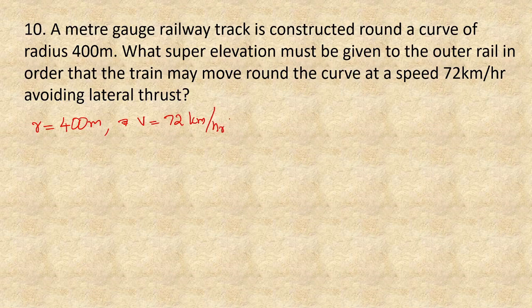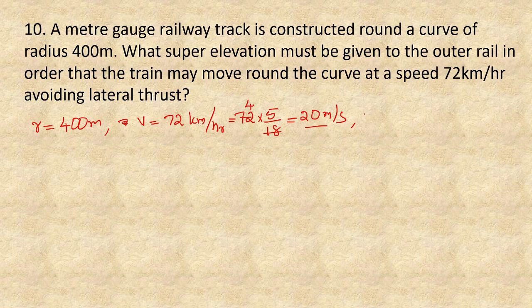That we should convert into meter per second. We can use the simplest formula, that is 72 into 5 by 18, so that is 20 meter per second. And here, what is the distance between the two rails?